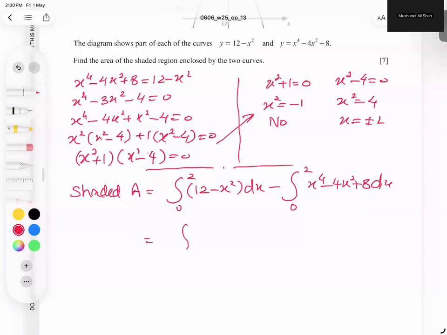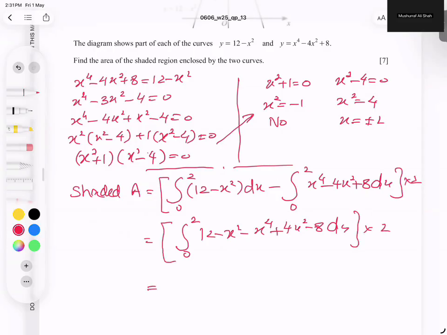So I can say the integral from 0 to 2 of 12 minus x squared, minus x to power 4, plus 4x squared, minus 8. The negative changes all the signs. Now I'm simplifying first, then I put the limits. 12 minus 8 gives 4, and we get plus 3x squared, and negative x to power 4.